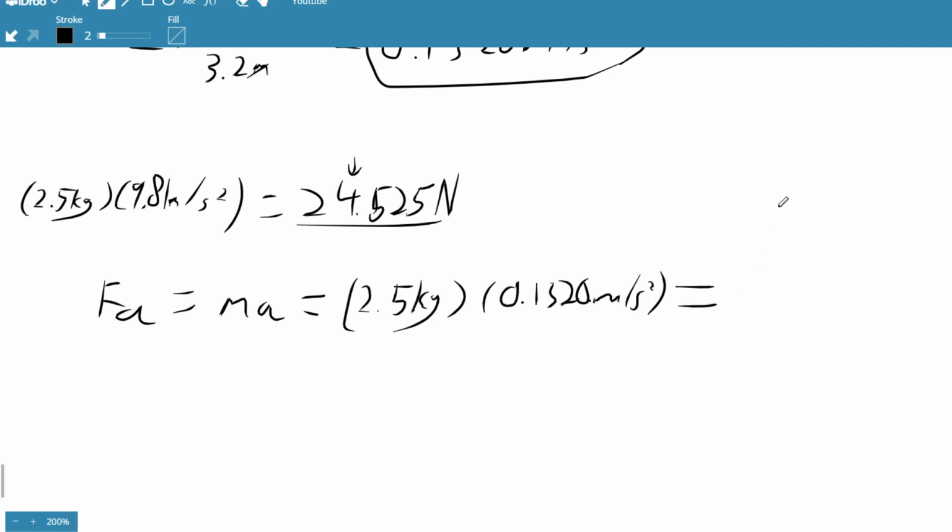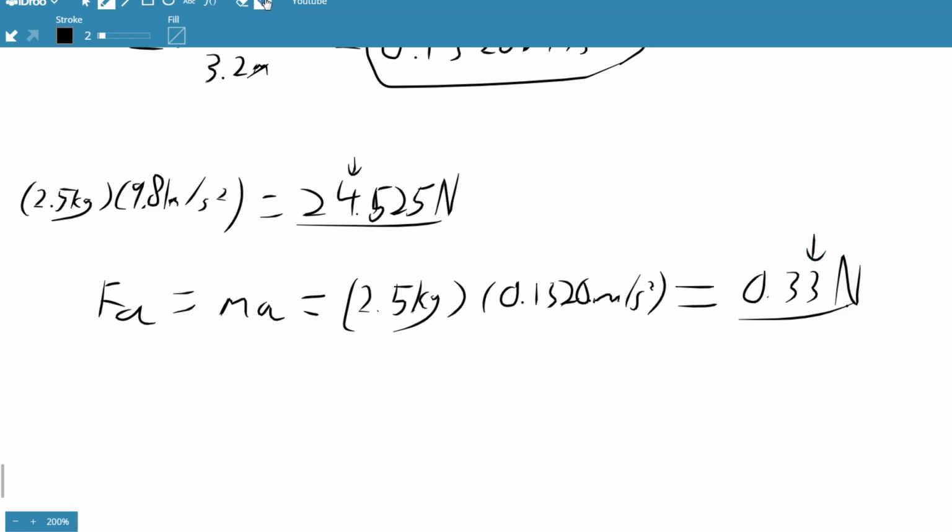Then calculate that. 2.5 times 0.132, that's 0.33 newtons. Let me just check if that's what I got here. Yeah, so 2 sig figs.